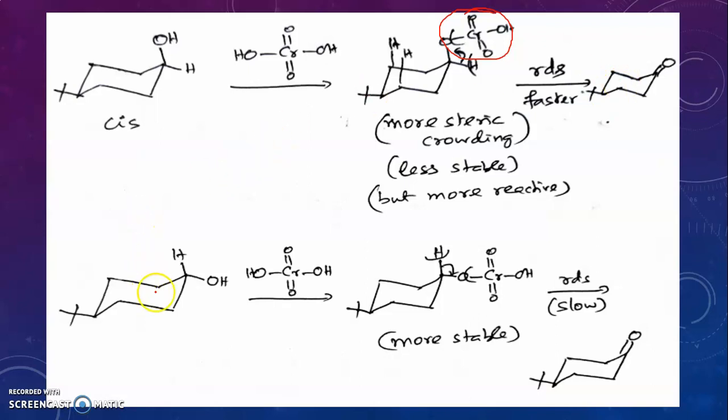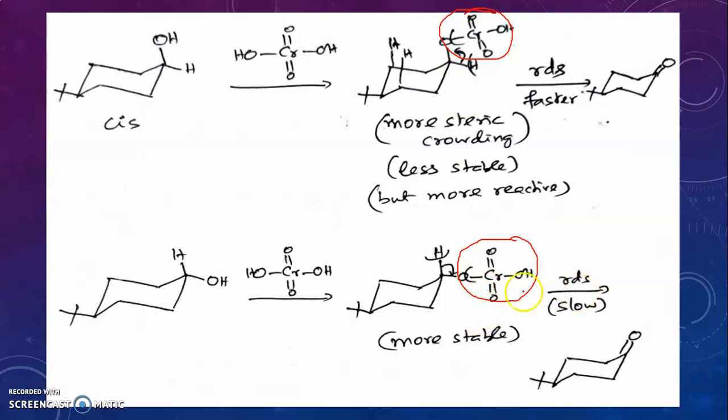Suppose we take the trans isomer. In the trans isomer the OH group is present in the equatorial position. So if the chromic acid reacts with this, you will get first this ester, then the oxygen attached carbon has one hydrogen. That hydrogen comes out as H plus, this bond will migrate here, you will get a double bond O. But now in this case, this group is present in the equatorial position. So the stability of this conformer is more compared to this.